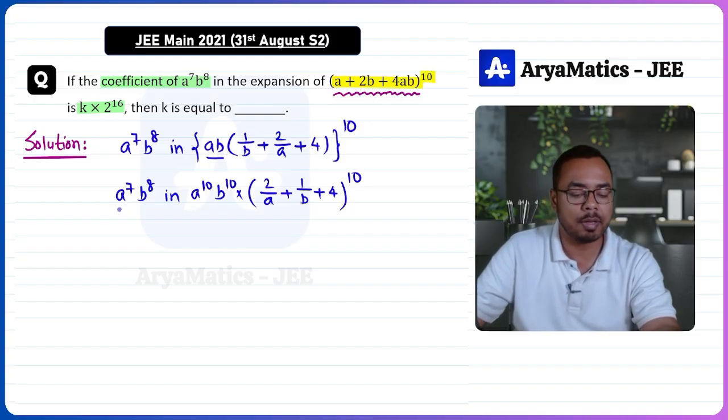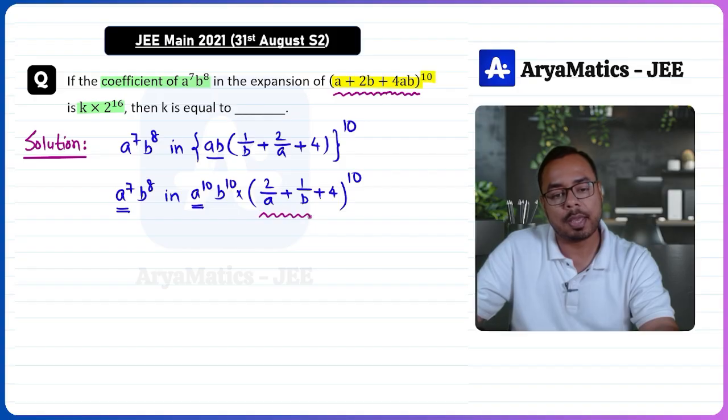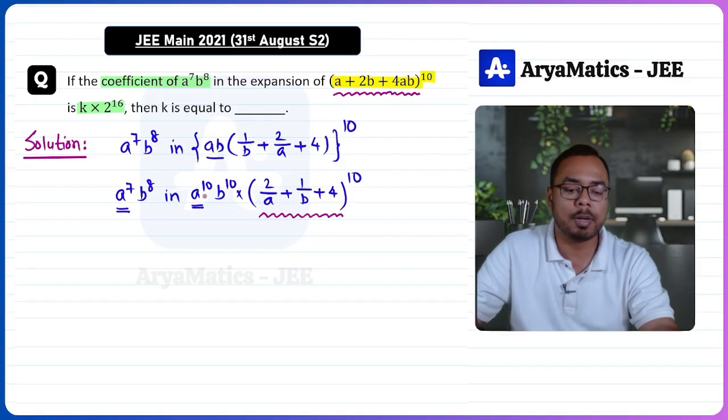If I need a^7 and we already have a^10, then in this one we need 1 by a cube. 1 by a cube multiplied with a^10 will give us a^7. Similarly, if I need b^8 and we already have b^10, then in this expansion we need 1 by b square.